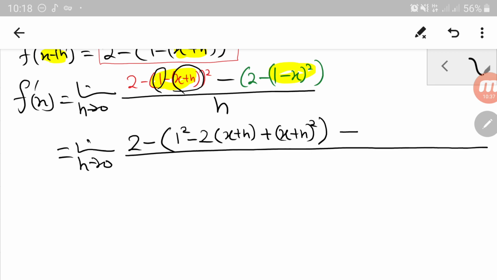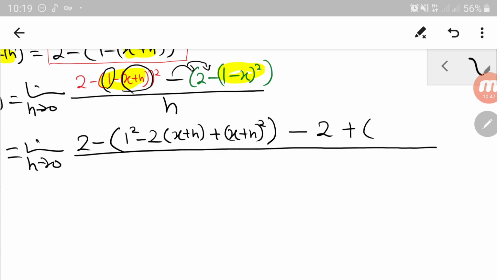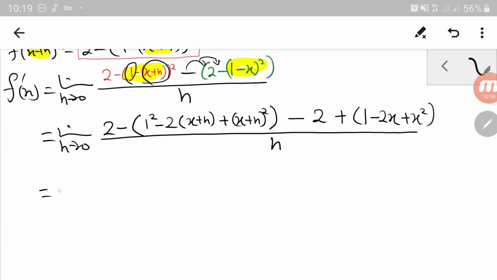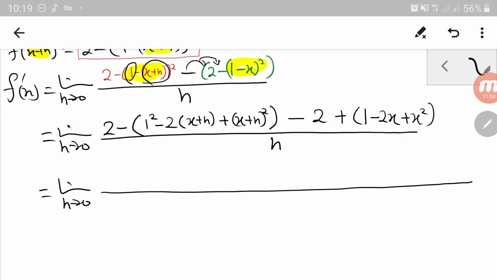And then the green one: 2 plus, I expand the negative, and then I expand the last green bracket, 1 squared minus 2x plus x squared. And then over h, don't forget. Continue, h approaching 0.